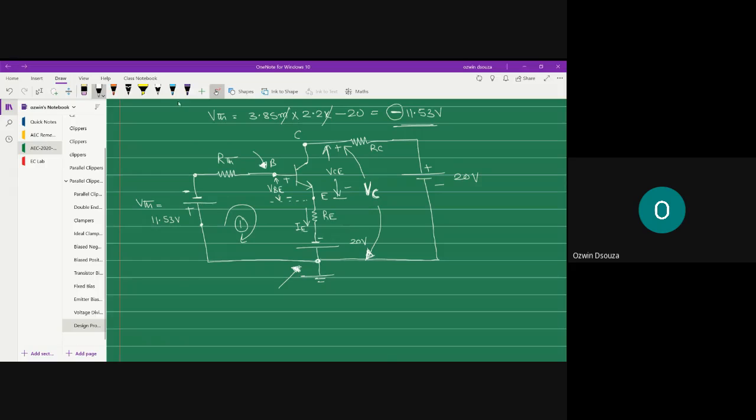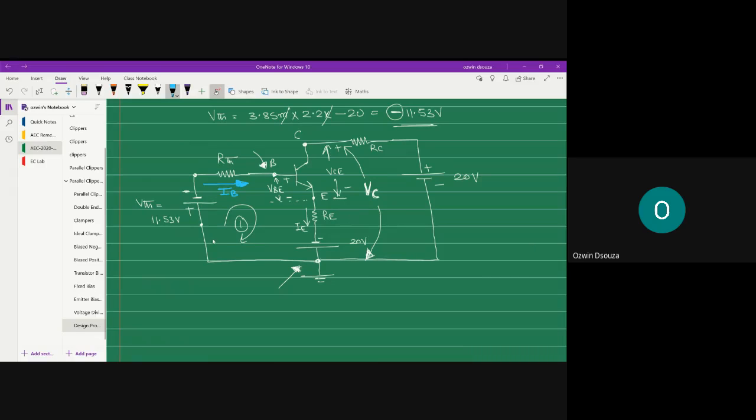Before applying KVL, let me mark the transistor currents. Through RTH, base current IB flows. I am maintaining the NPN transistor current direction: inward is the base current direction and outward is the emitter current direction.